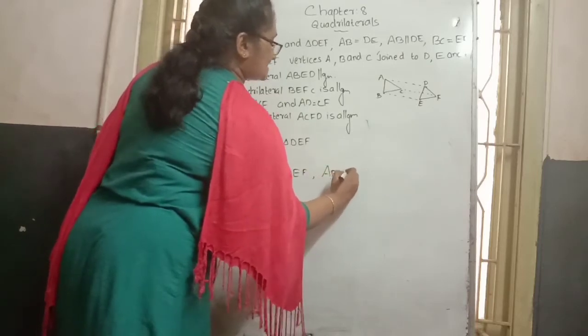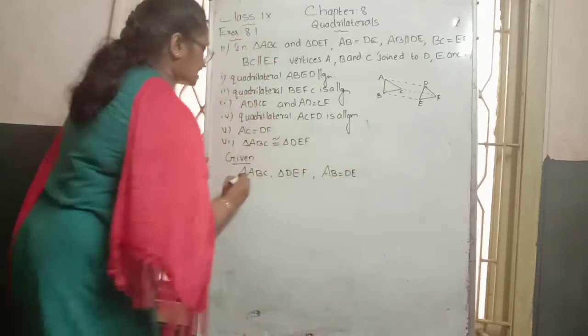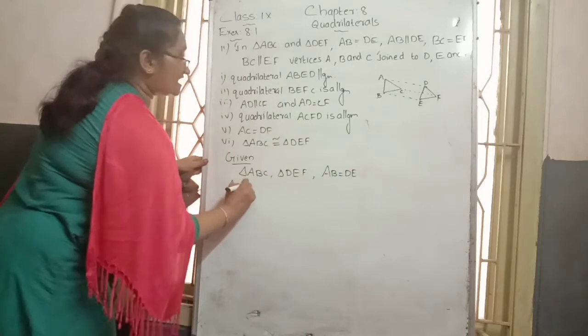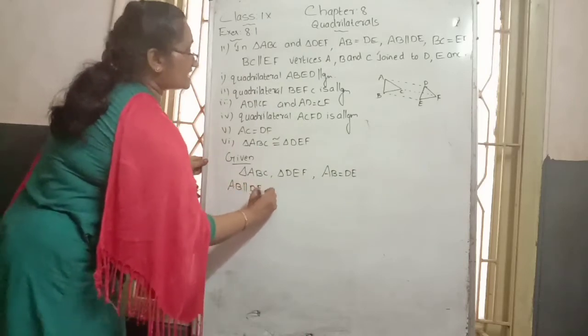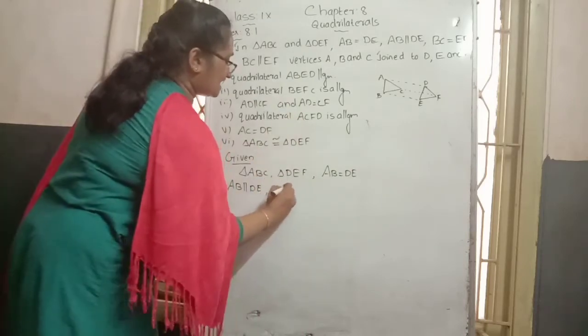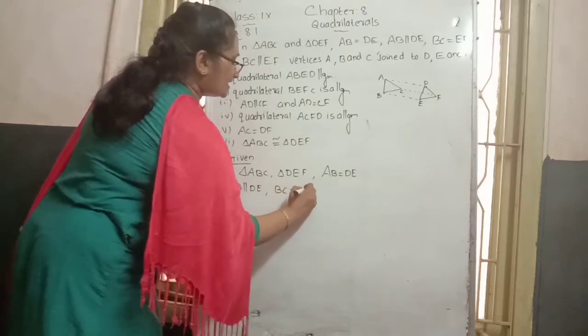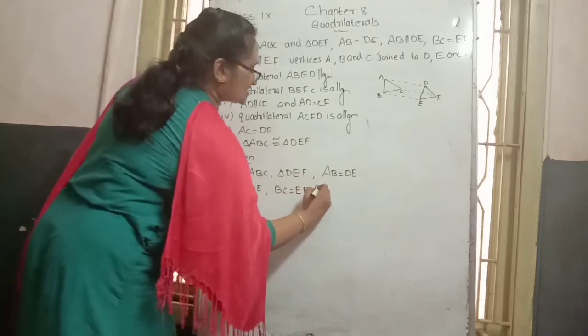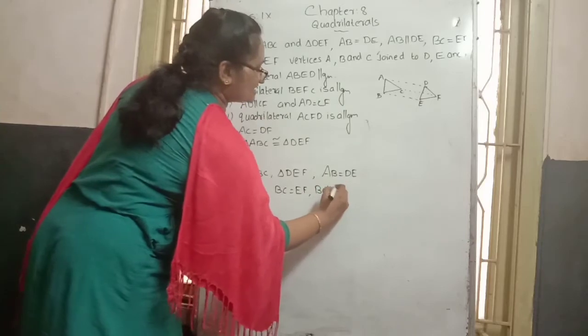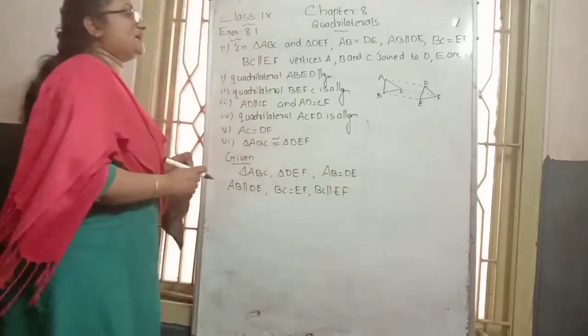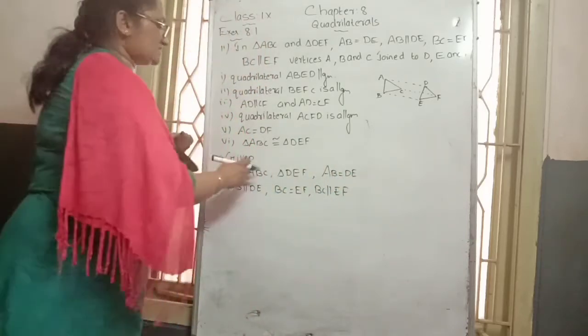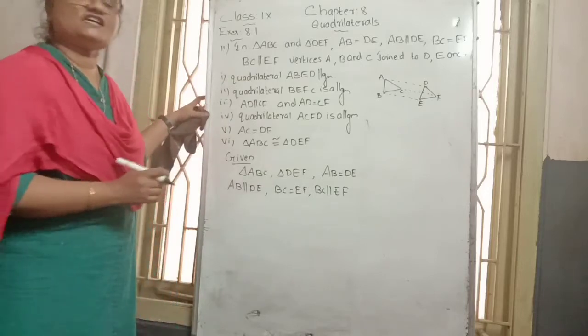AB side is equal to DE. That's why AB is parallel to DE. Second, BC side is equal to EF. That's why BC side is parallel to EF. They are opposite sides, that's why they are parallel. These are the information they gave in the question.